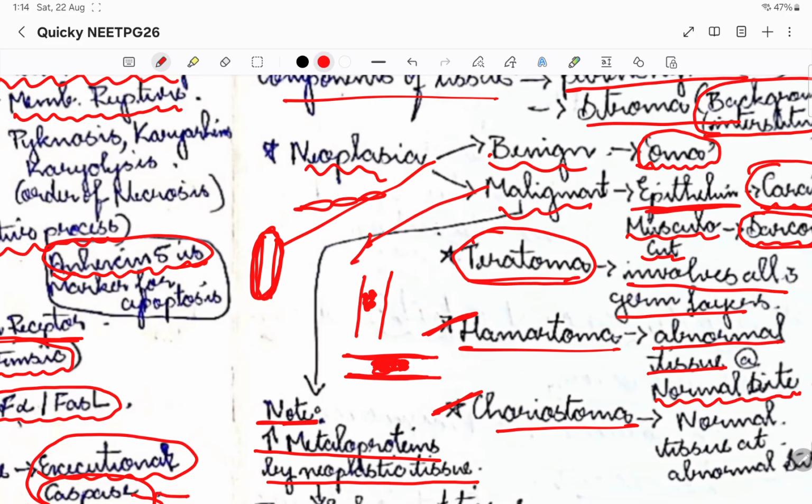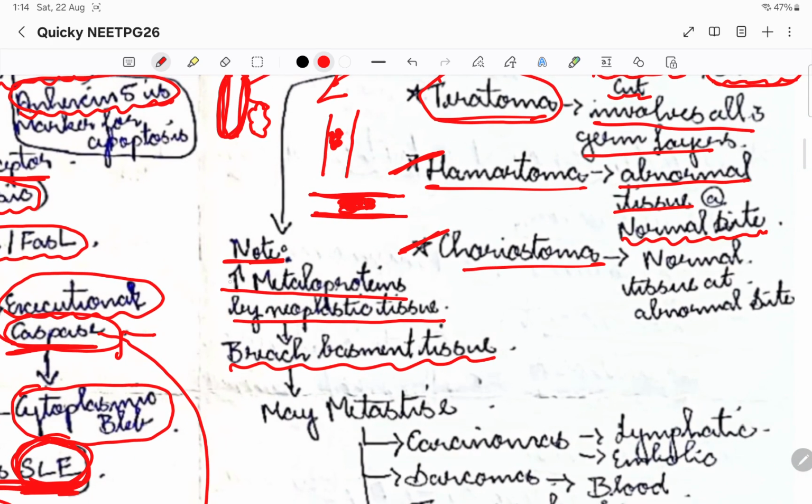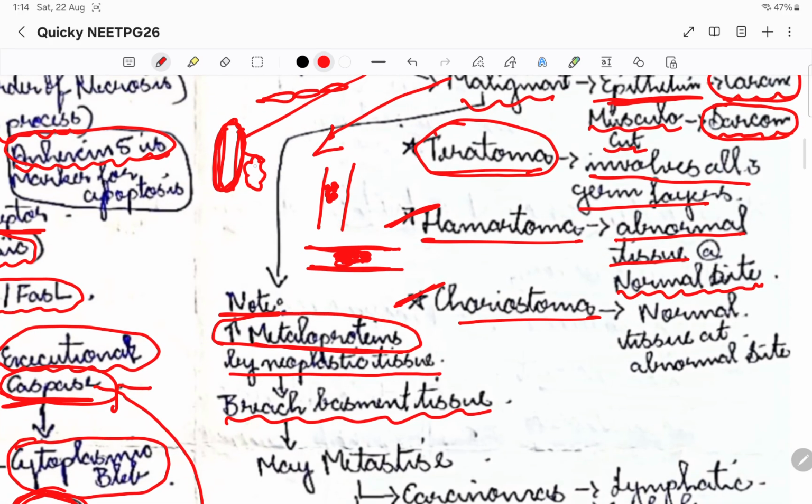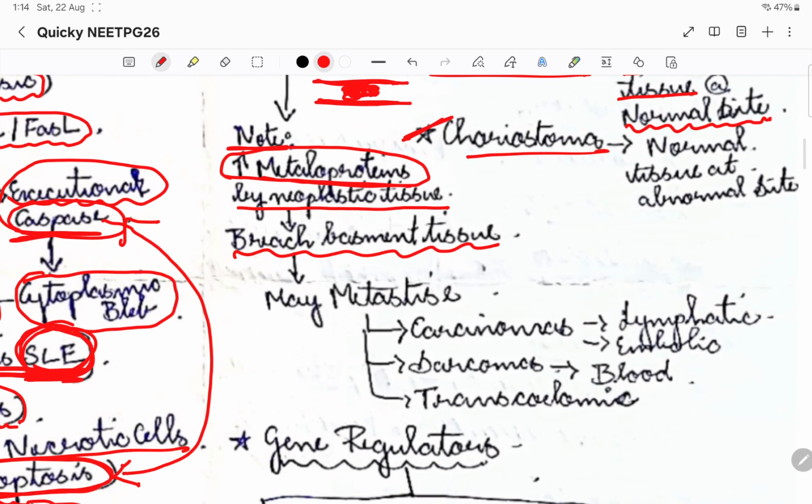If it goes beyond the borders of bone and it is going outside, then it is called malignant. Why is this malignancy happening? Because there are increased metalloproteinases, okay. These neoplastic cells will start producing metalloproteinases, which when increased will cause the breaching of the basement membrane, okay. This breaching will lead to metastasis.